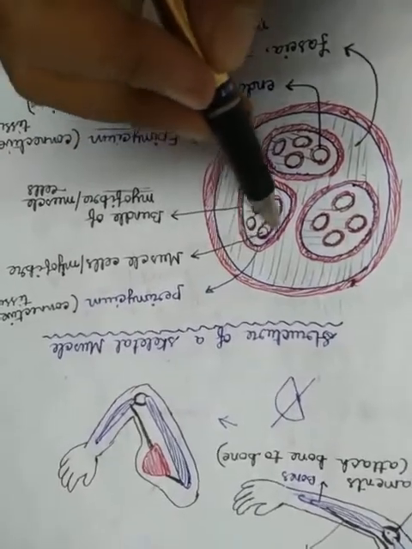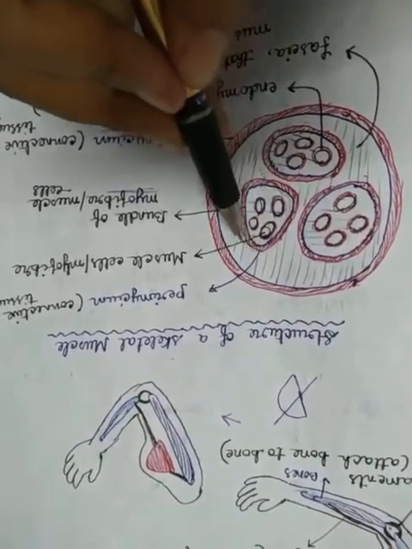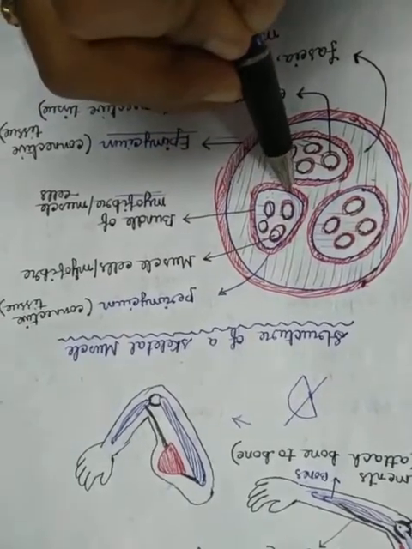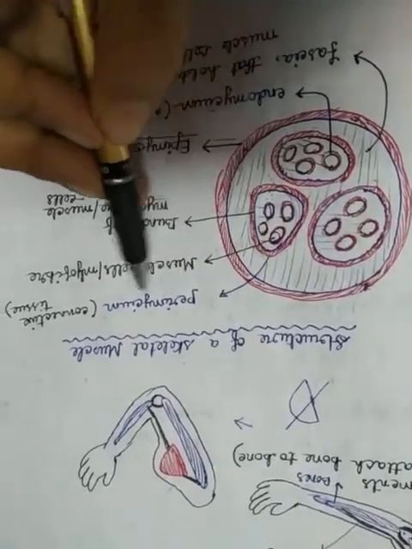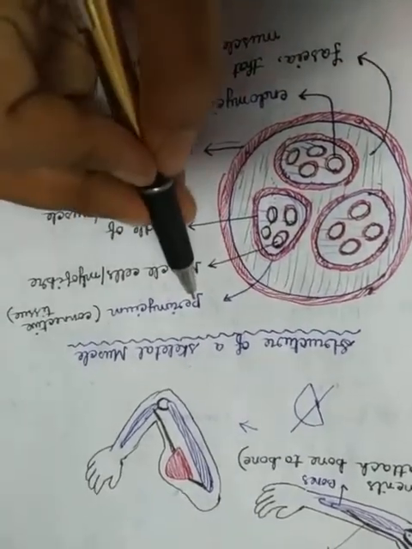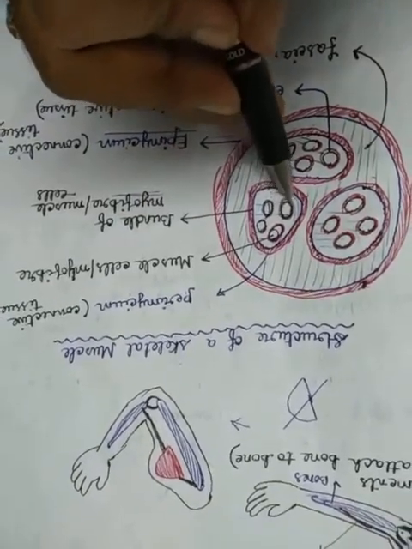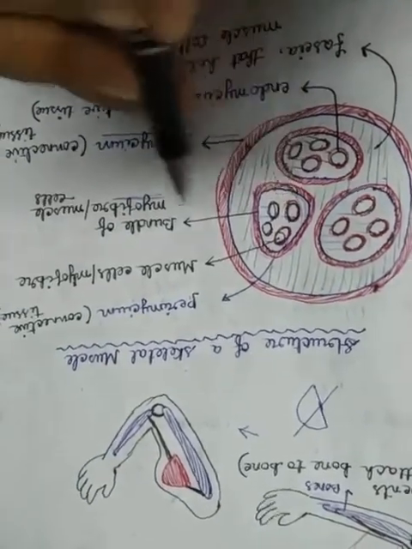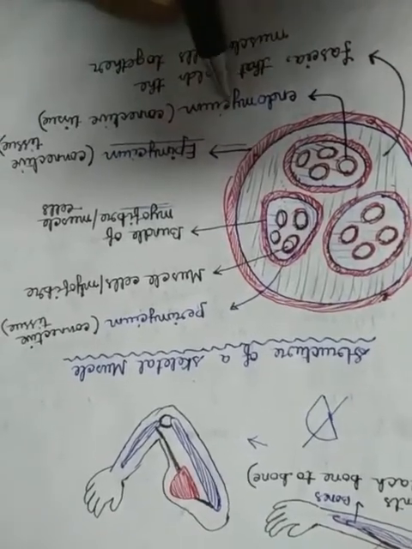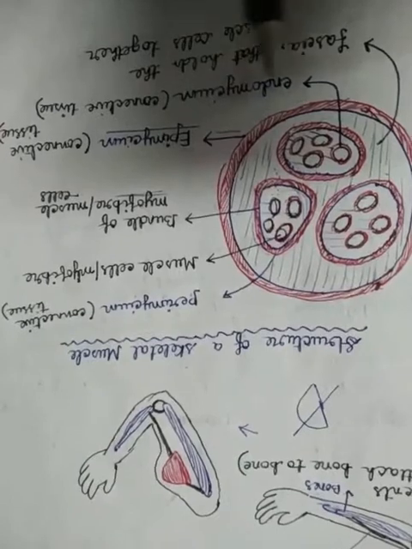Similarly, each bundle of myofibers is also surrounded by a connective tissue strand, that is called perimysium. So this one is epimysium, this one is perimysium, and individual muscle cells are also surrounded by a connective tissue strand that is called endomysium. So we have found 3 connective tissue strands.